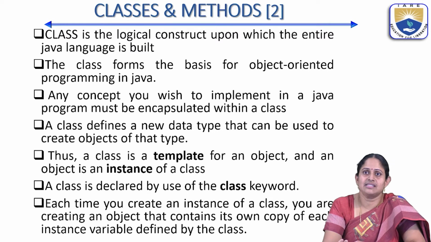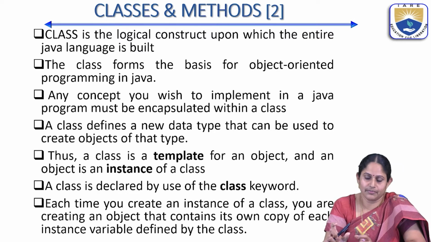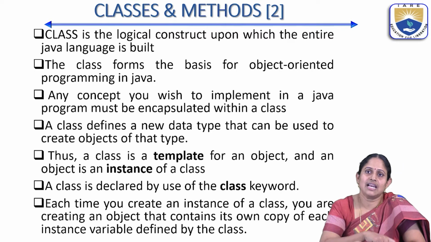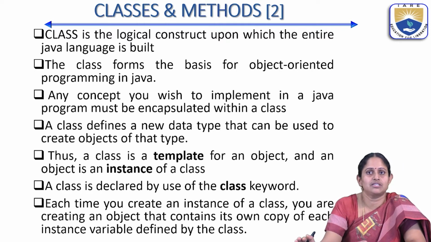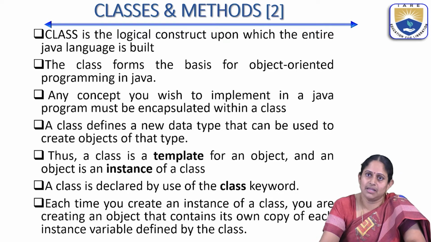This class is a data type that is used to define the object, or the class can be used to create an object, and thus the class provides a template or a structure for how an object must look. This class can contain various members. These members may be variables or they may be methods.